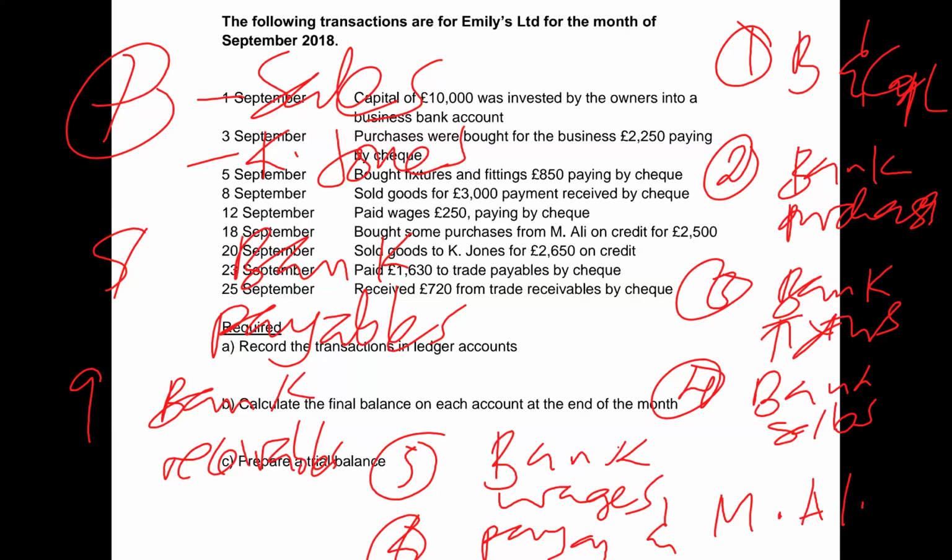Okay. For purchases, we have purchases and bank. So this time it will be debited. We start with the second transaction that deals with purchase. Whenever we purchase, we debit our purchases account. The purchases are 2,250.